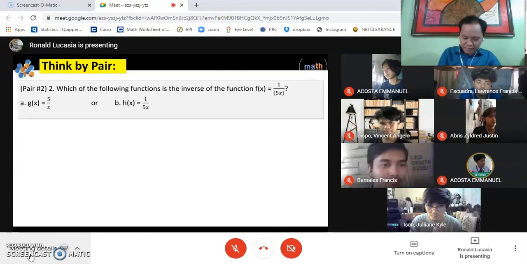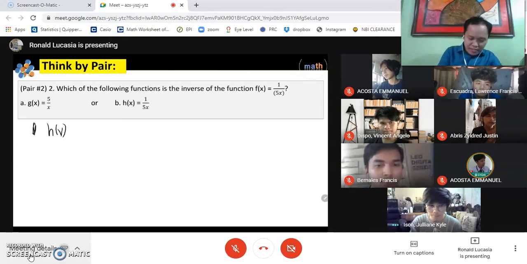So the solution will be h of x is equal to 1 over 5x. So 1 over h of x is equal to 5 times 1 over 5x.